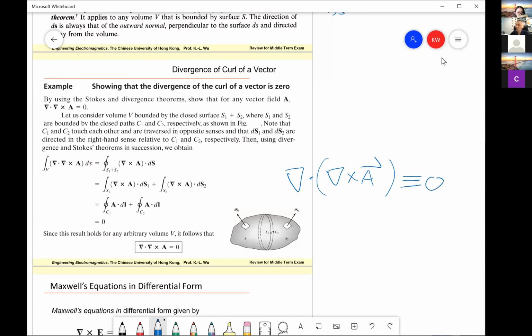This is a vector identity, applicable to any vector field. Then using this vector identity, later on we can justify the 4 Maxwell equations. Only 2 are independent.